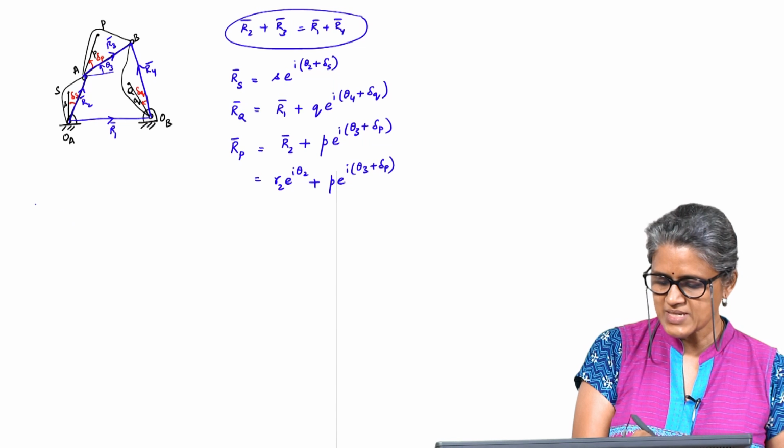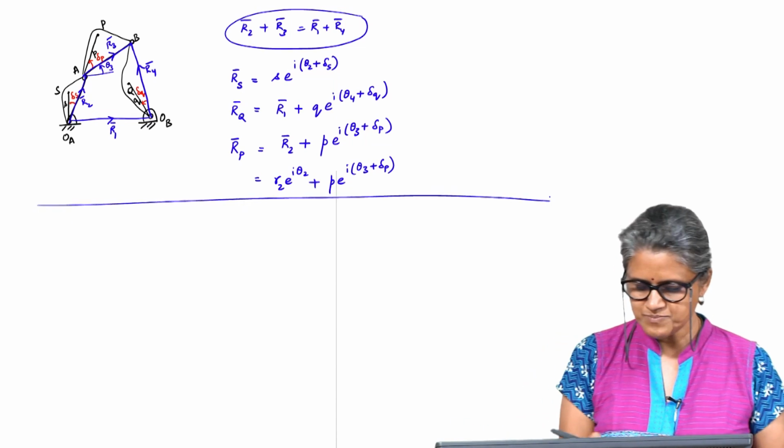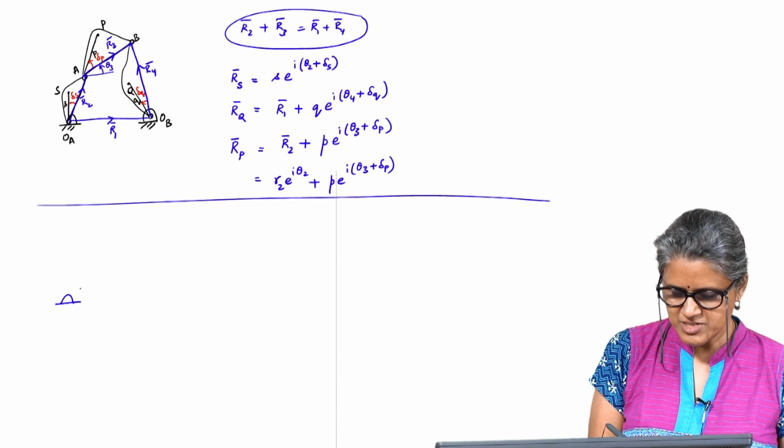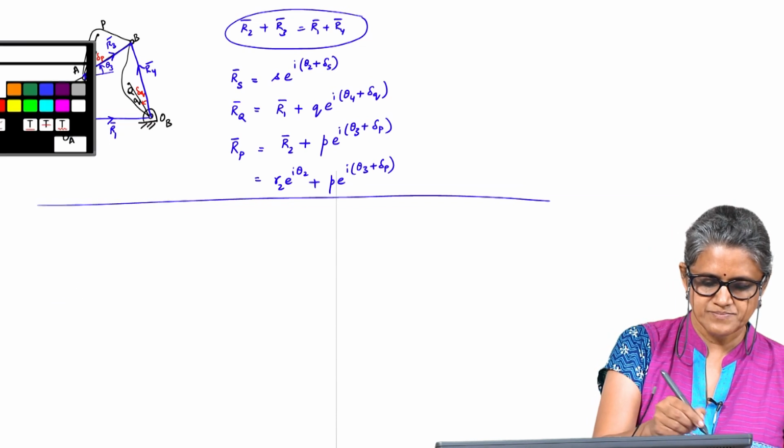Now you can do the same thing. I will not do the whole thing, but I will just show you how to set up the loop closure equations for a slider crank.